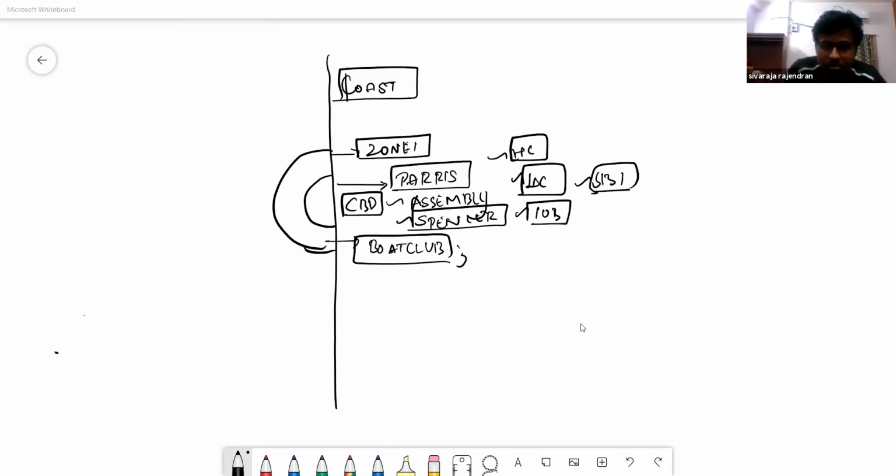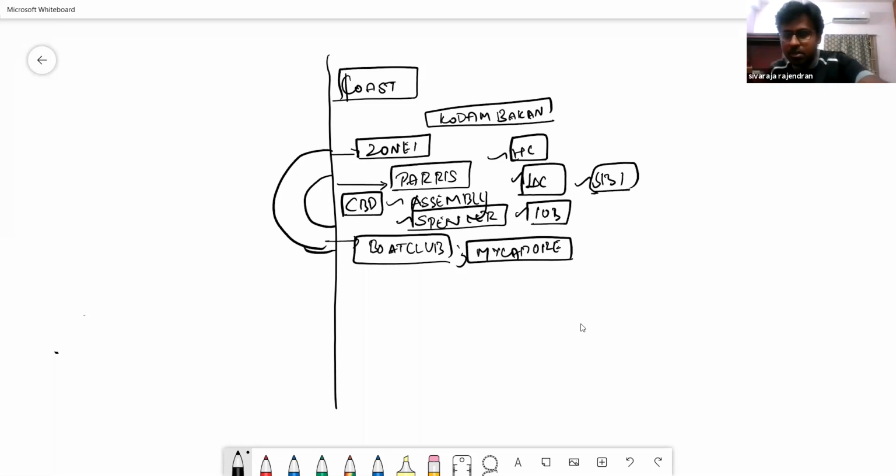And then a little further you will also have Kodambakkam, Nungambakkam, and you will have Mylapore.